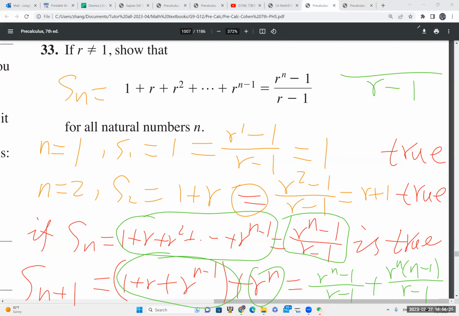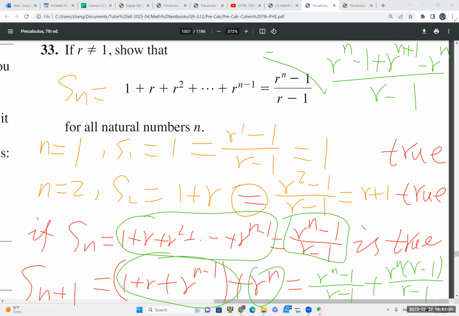Sorry, let me rewrite it. So here is r minus 1, then we have r^n minus 1 plus r^(n+1) minus r^n, right?